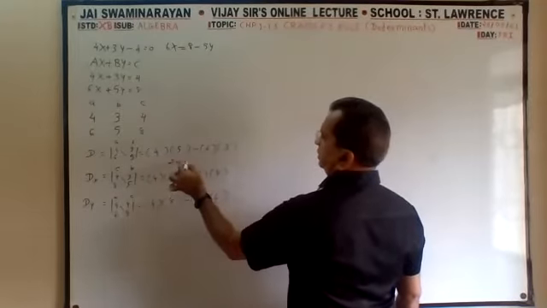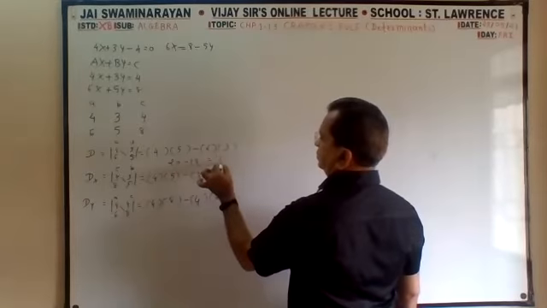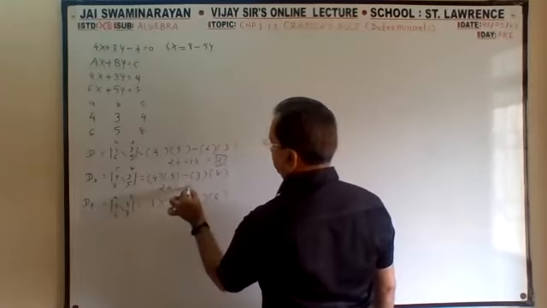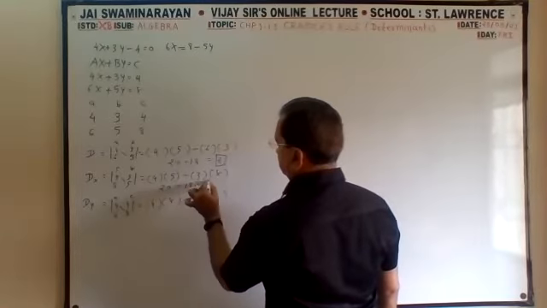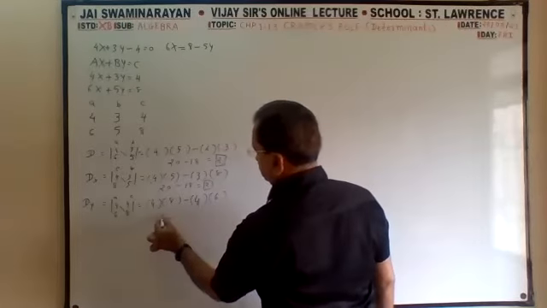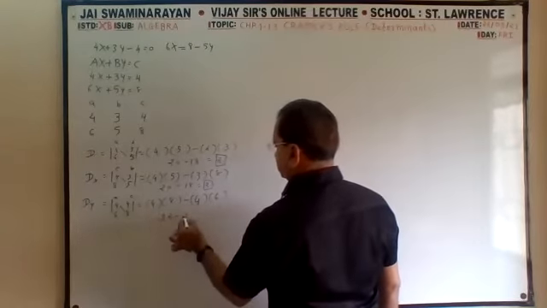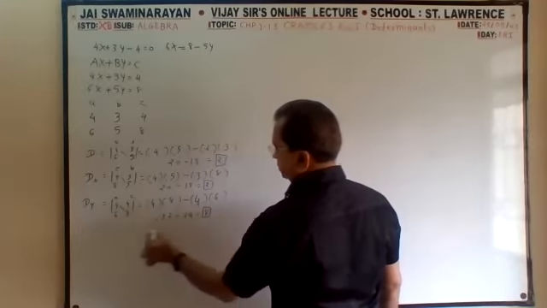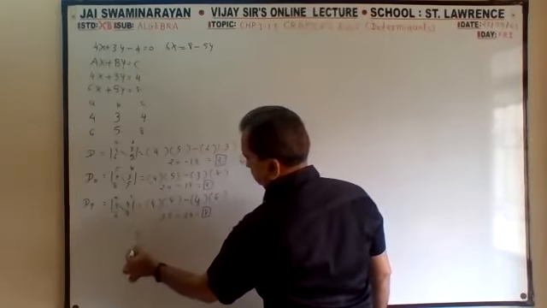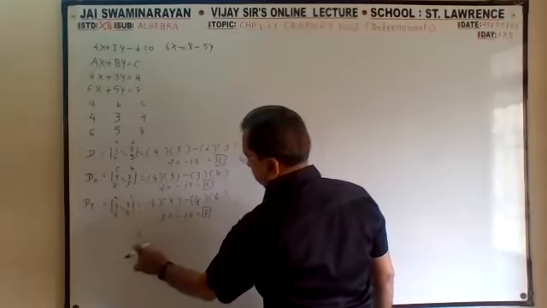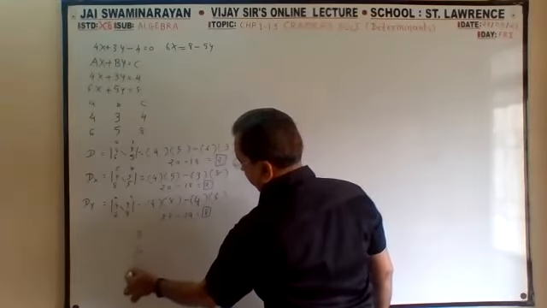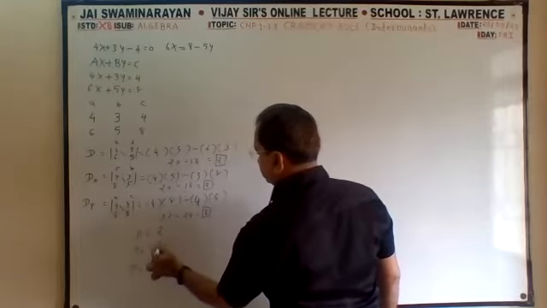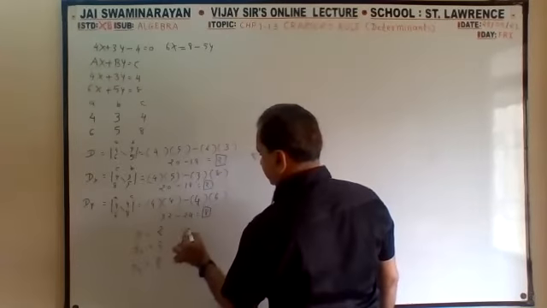This is 20 minus 18, which is equal to 2. 20 minus 18 is equal to 2. 32 minus... This is D, Dx, Dy. This is 2, this is 2, this is 8.